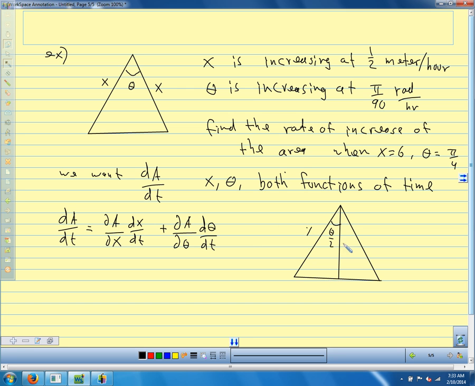This is x, this is h, and I'm going to call this piece the base divided by 2. So we said A equals 1/2 base times height. So we need to express our base and our height in terms of x and theta.